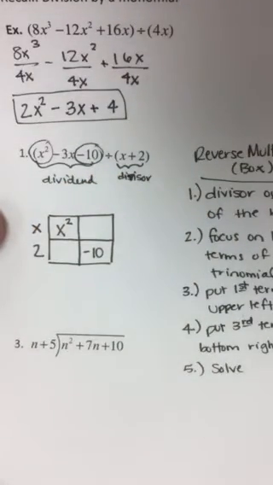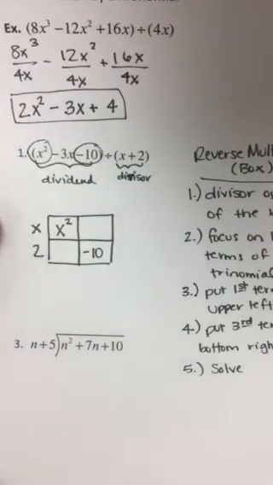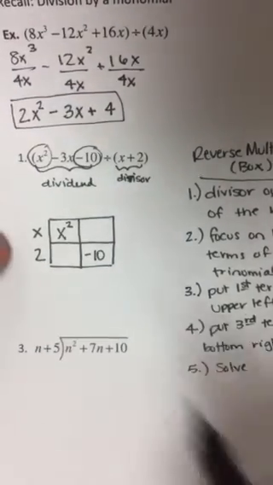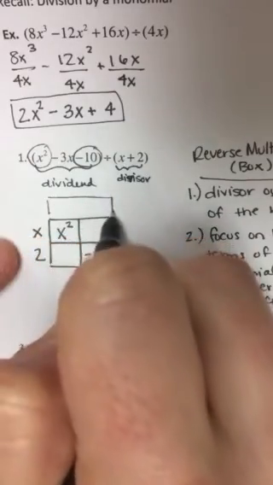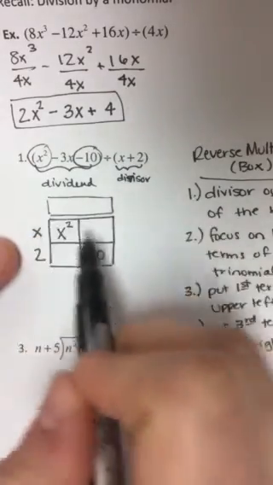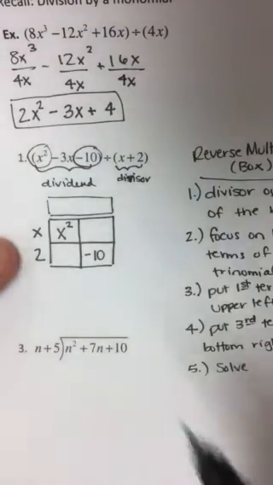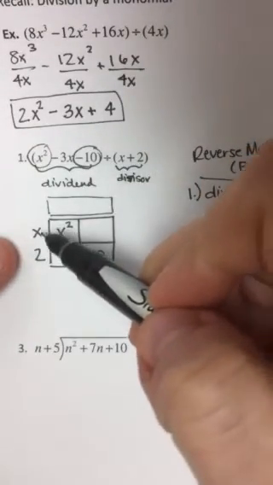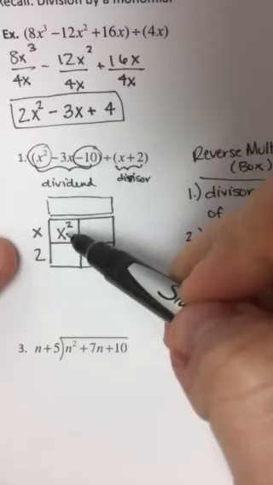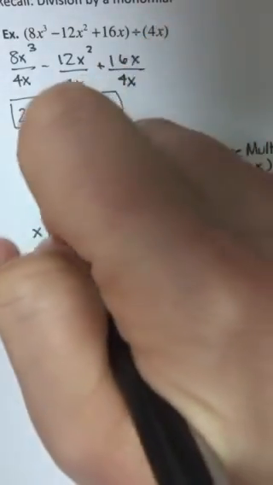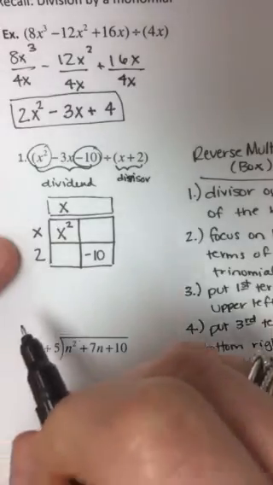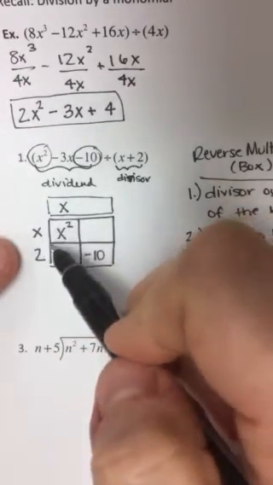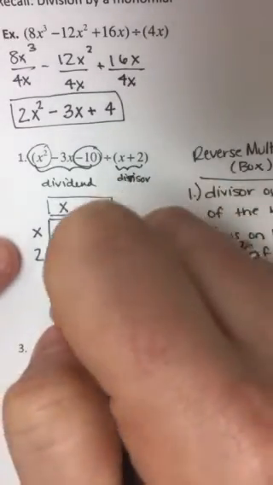And then from here, I'm going to simply work backwards, all right? And when I work backwards, what I have to figure out is what would I put up here to solve the inside, okay? So for example, x times what would give me x squared? Well, I know that that's just x, because x times x is x squared, all right? Then I would say, all right, well, 2 times x would be 2x.